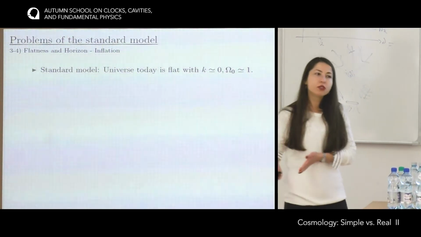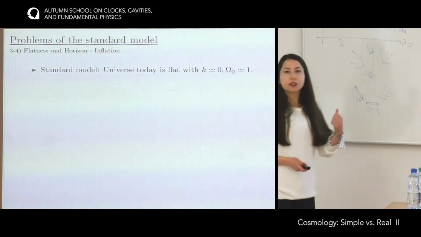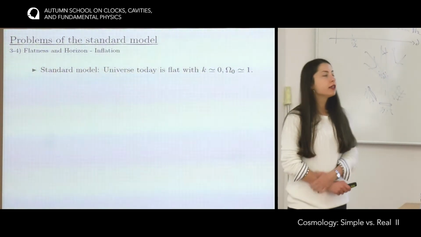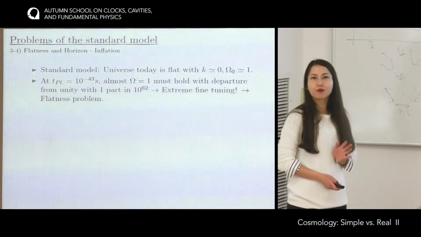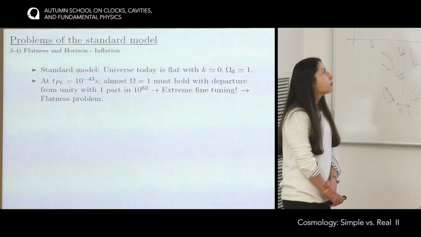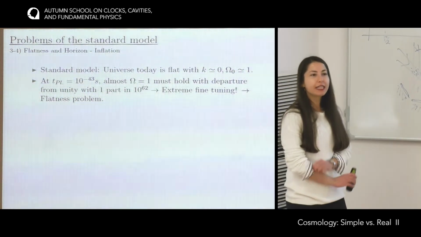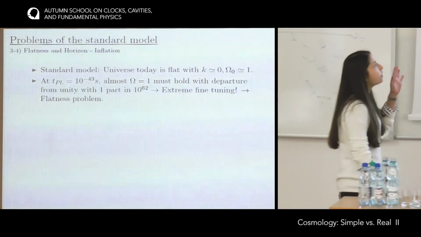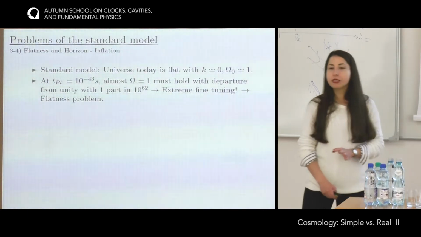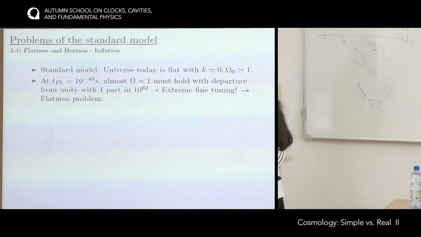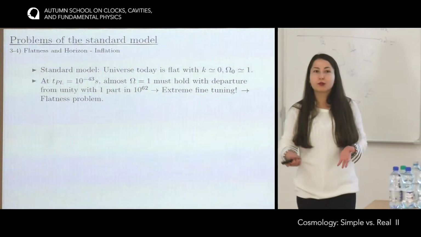This means that if you go to the early universe, at the Planck era, when the universe was 10 to the minus 43 seconds old, the universe should have been almost exactly flat. You can only depart from unity by one part in 10 to the 62. That means your initial conditions are extremely fine-tuned, and that was the flatness problem in cosmology.